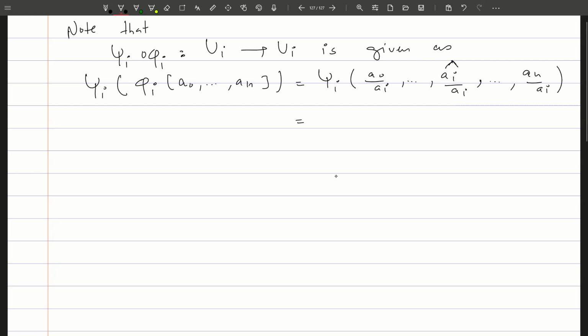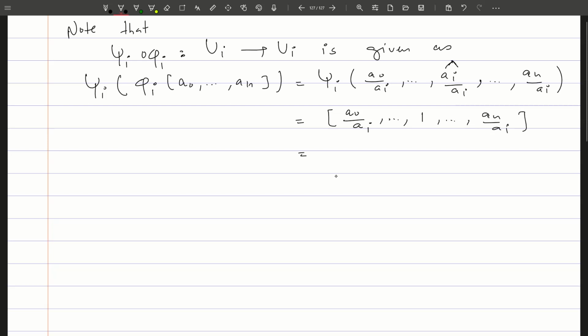So this is the same as we get back our point a naught by ai through 1 here, and so on, an by ai.